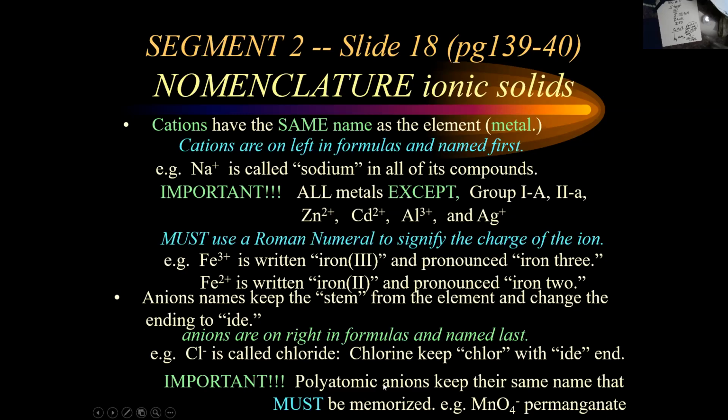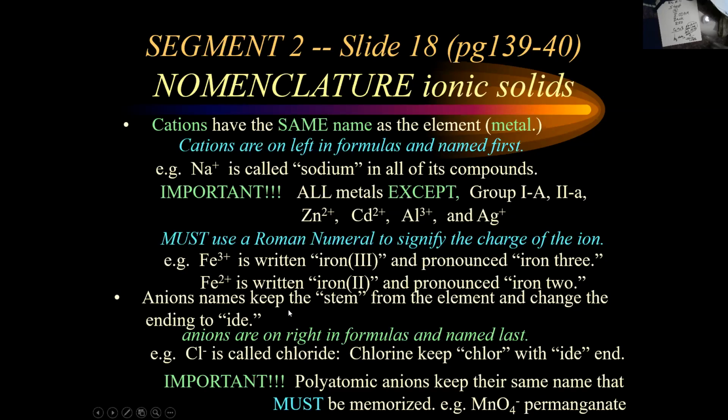Look, if you wanted sodium permanganate, you'd put Na with MnO4, and sodium is plus 1. MnO4 is minus 1, so NaMnO4 would be sodium permanganate. Be easy to do if you've memorized that name. If I've got calcium, calcium is plus 2. So it would take 2 of these.